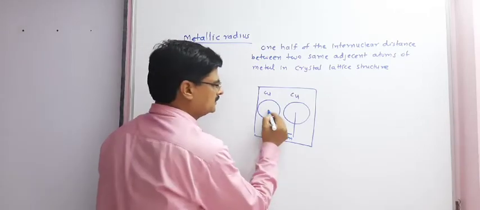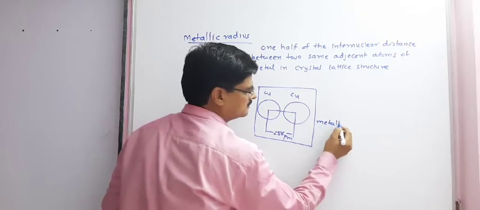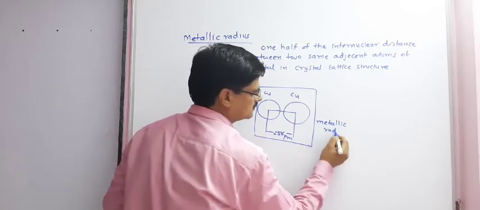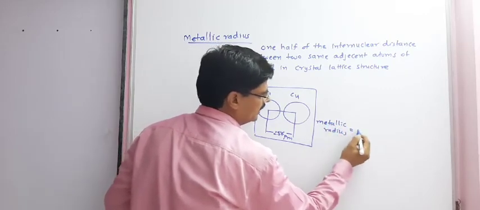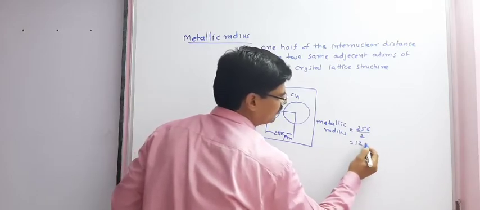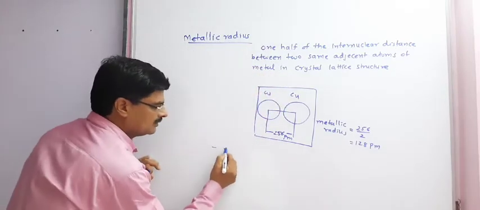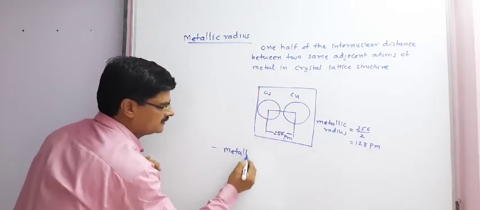Therefore, metallic radius is equal to 256 divided by 2. That is 128 picometer.